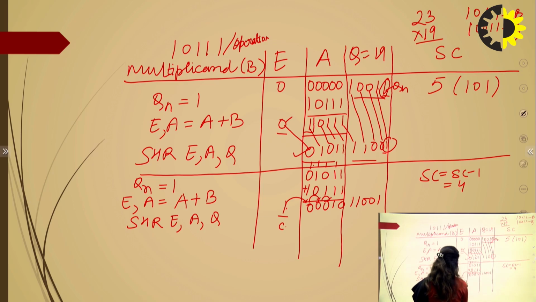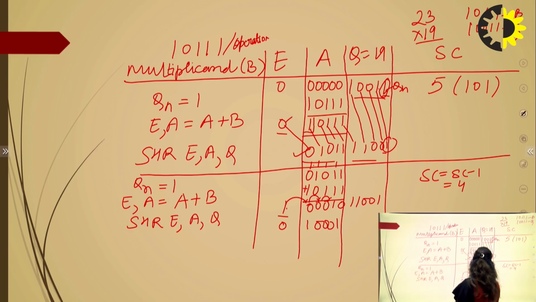So here we are left with 0, then 1, 0, 0, 0, and then 1. This 0 will be gone here, 0 1 1 0 0, and this last one vanishes. So we are left with this result during step number 2, that is 1 0 0 1 0 in A and 1 1 0 0 in Q, that is in the accumulator and the multiplier bit.